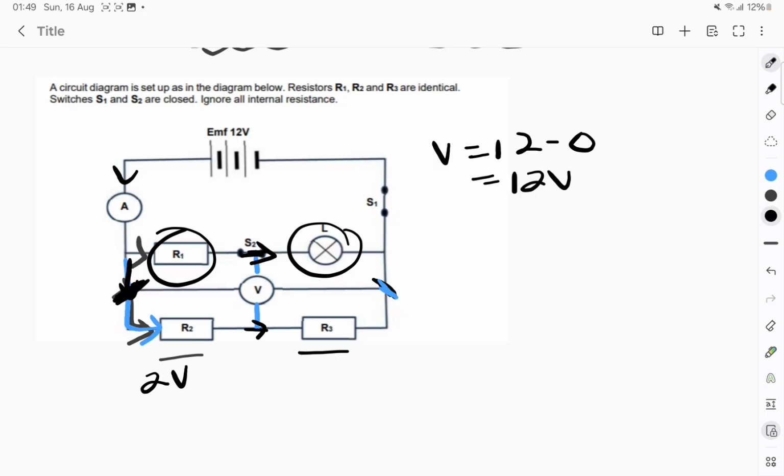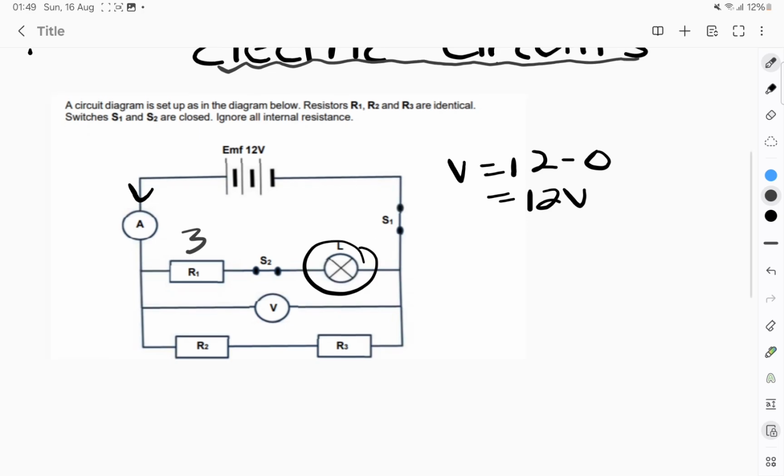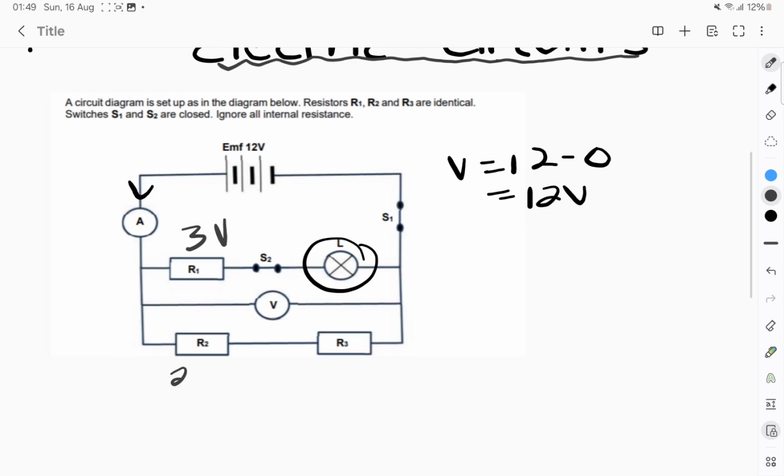So yeah, let me use values actually to explain what I'm saying. We know that both branches are going to be 12 volts, right? If this was 3V and this was 2V, what I know is that I know the question says they're identical, but for the purpose of explaining, please try and understand.